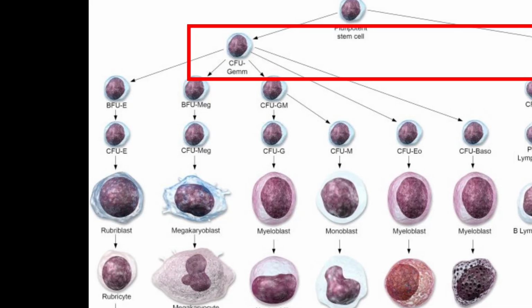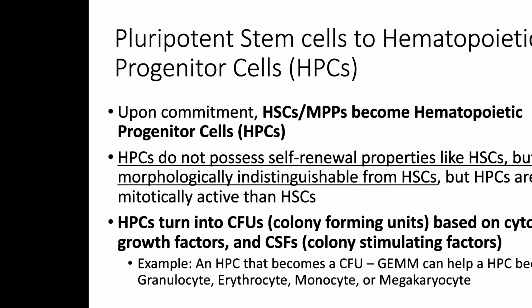So we're going to move down into our colony forming units. Once hematopoietic stem cells commit, they become progenitor cells. Progenitor cells don't possess self-renewal, but they still look the same as hematopoietic stem cells. They are more mitotically active, but we wouldn't be able to tell that apart because we don't film these in live camera.